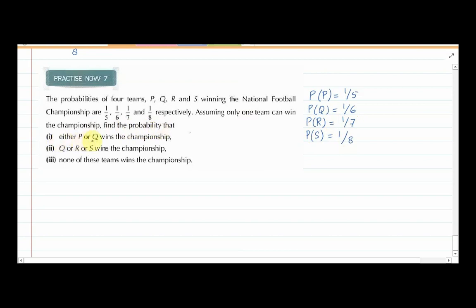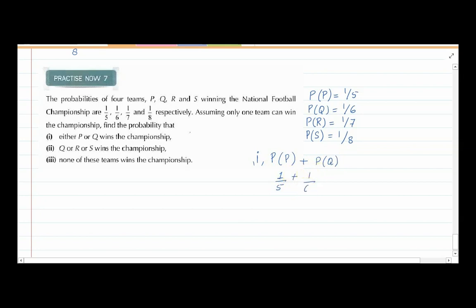So in the first part it says either P or Q. That means it's probability of P plus probability of Q. So probability of P is given, that is 1 upon 5, plus probability of Q, it's 1 upon 6.